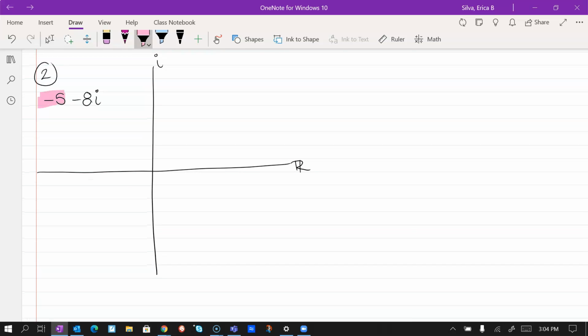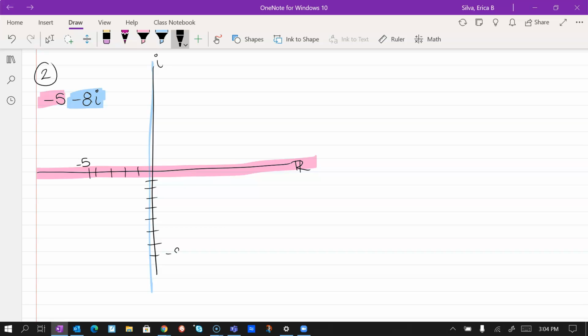So my real number is -5. So on my x-axis, I'm going to go -1, 2, 3, 4, 5. So that's -5. And then on my imaginary, we've got -8. 1, 2, 3, 4, 5, 6, 7, 8. And so my point is here at -5, -8i.